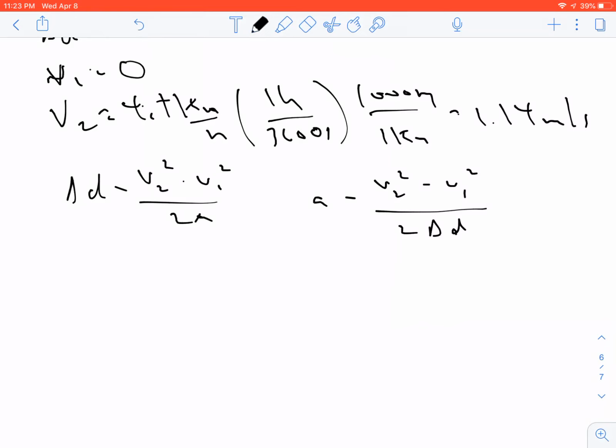Then if I substitute in my numbers, my acceleration is 1.14 squared minus v1 squared divided by twice my distance.